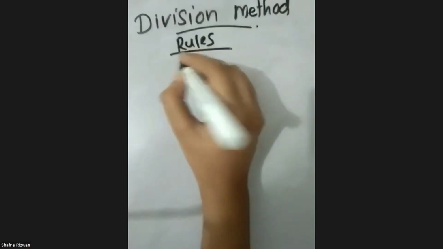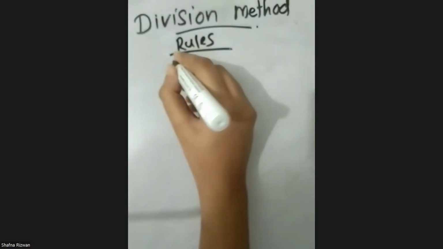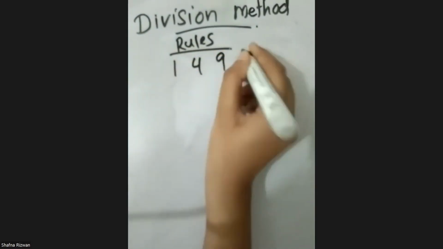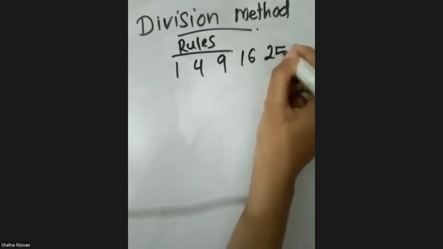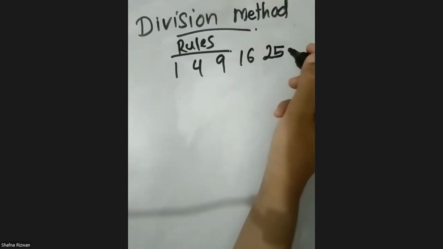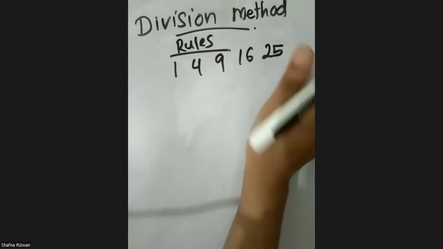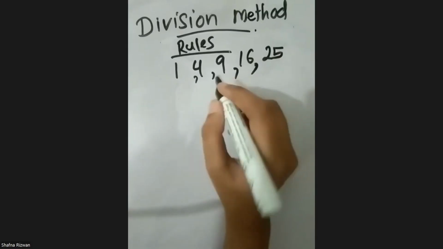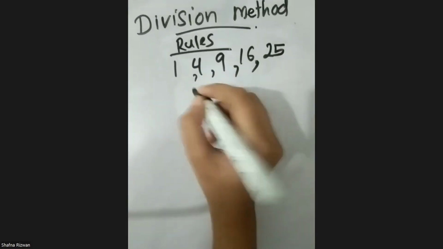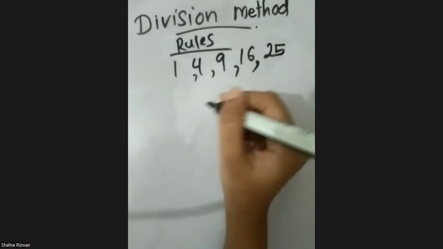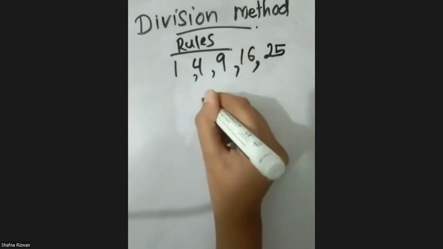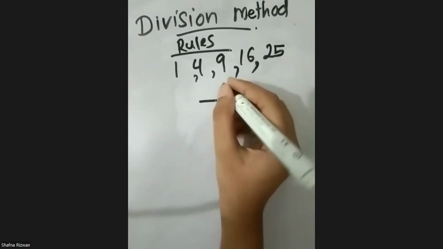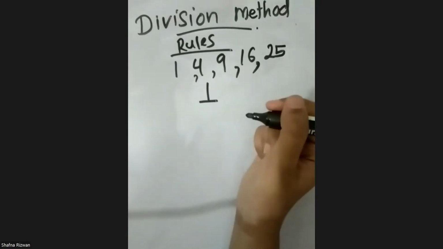You all have studied about squares like 1, 4, 9, 16, 25, like that. You all have studied about several squares. So from these squares, now let's find how to find any number where in the last digit you will get 1.